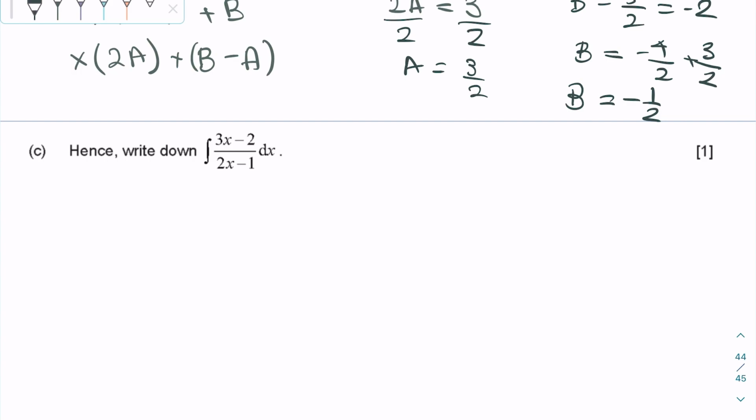Part C asks to write down the integral of 3x minus 2 over 2x minus 1. We can use part B to rewrite this integral as the decomposed fractions.